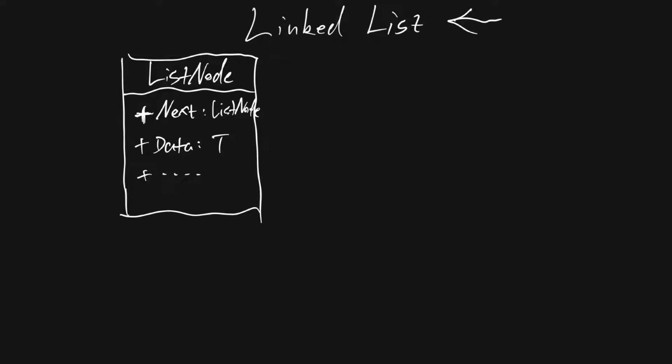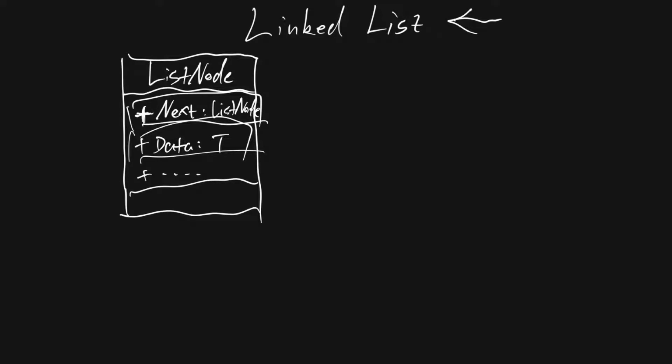You can make the list node do things that it makes sense to do, and maybe even methods. You can make it do whatever you want. But the most important thing is reference to other list node or nodes, depending on what kind of linked list it is, and the things you want to store in it.